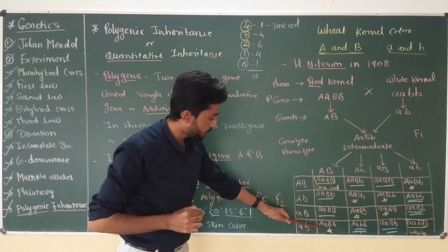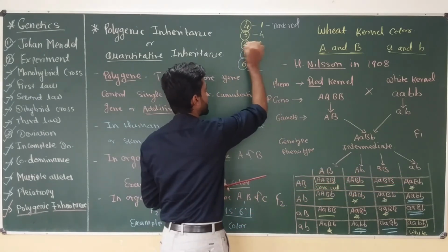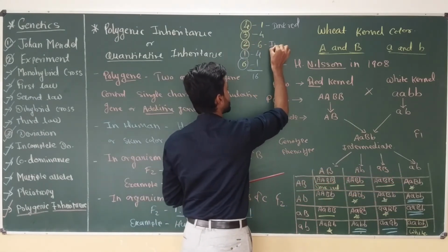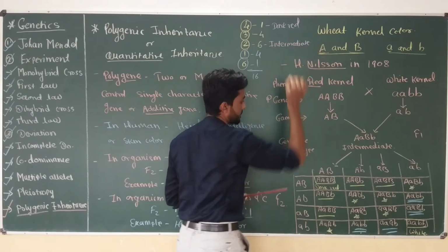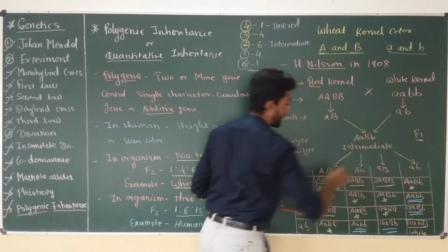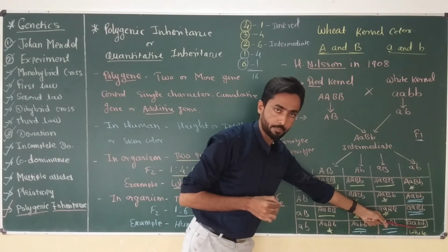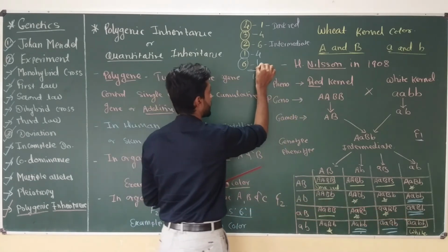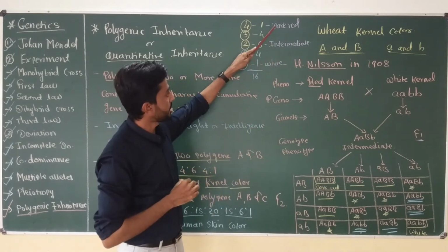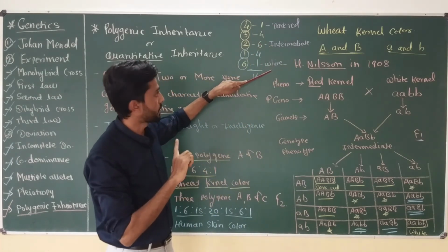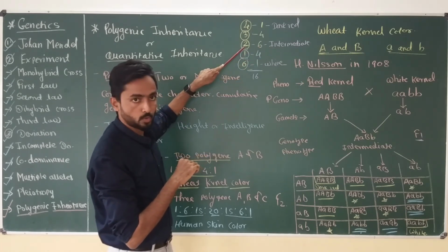If the organism has 2 dominant genes, which is 6, in that case the color becomes intermediate, like the F1 hybrid. Now if the organism has 0 dominant genes or capital genes, in that case the color becomes white. So these, dark and white, are the extreme phenotypes, while in the middle we are going to get 6 organisms with 2 dominant genes.